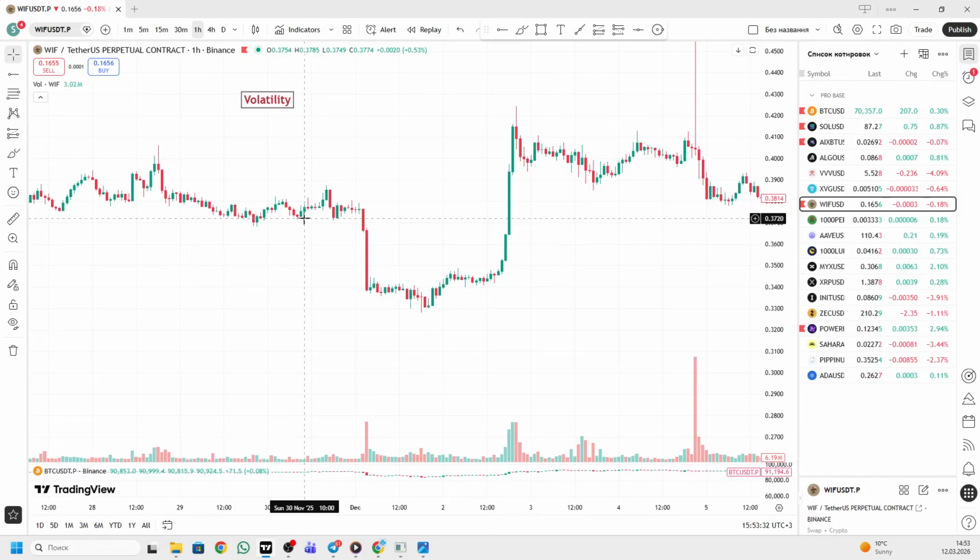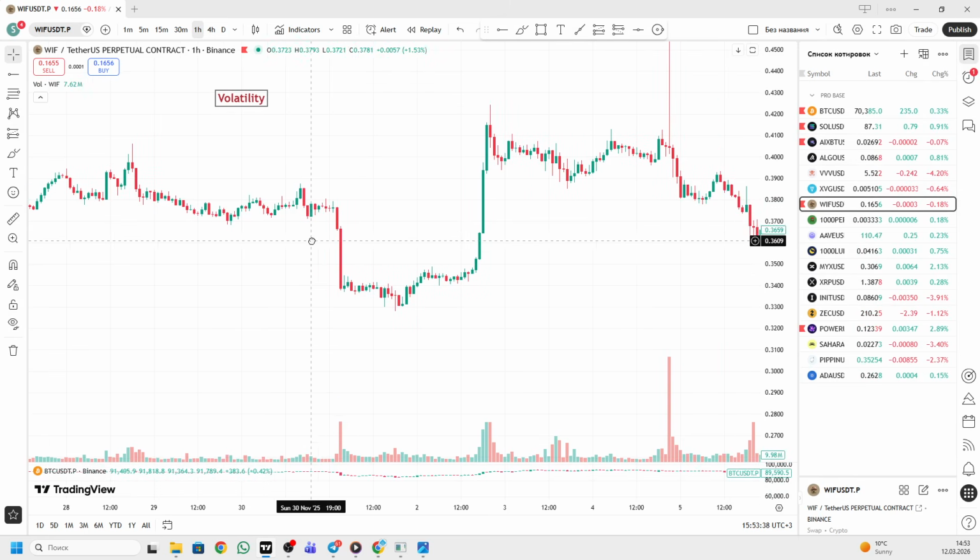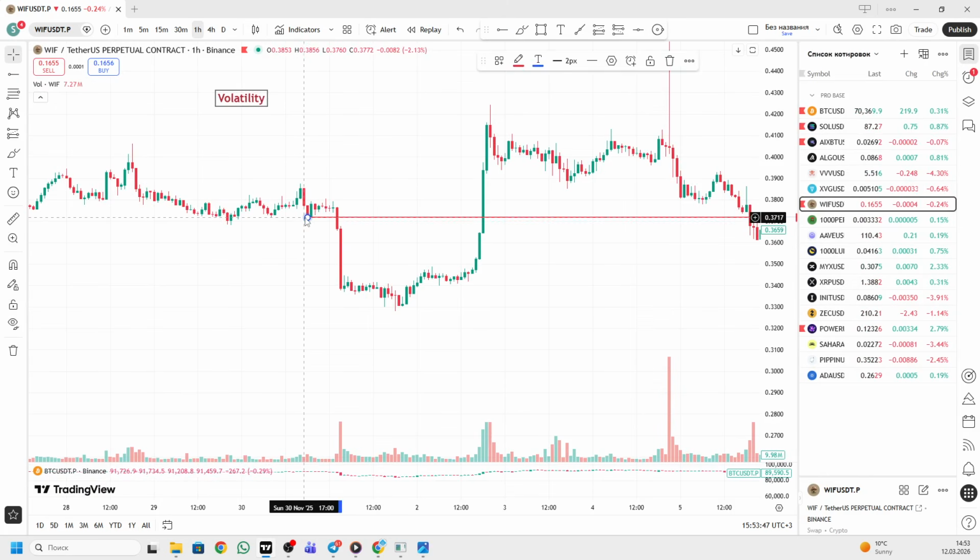Okay, so let's talk about why this actually matters in real trading. Imagine you are already in a trade, and let's say here there is a level. We have a level, for example, let's say here, do it like this in green.